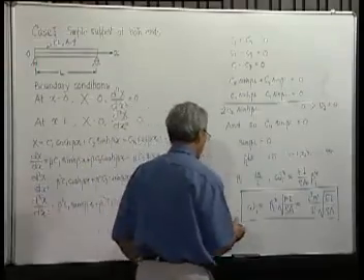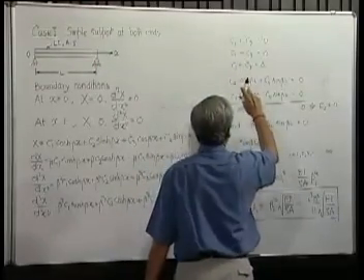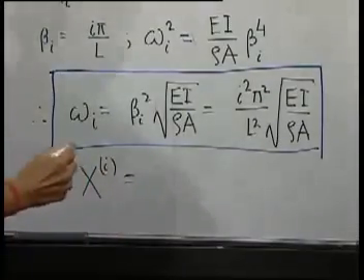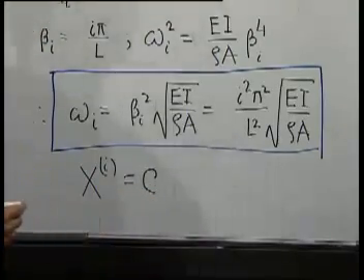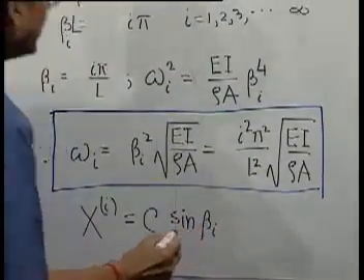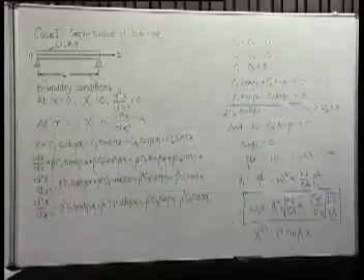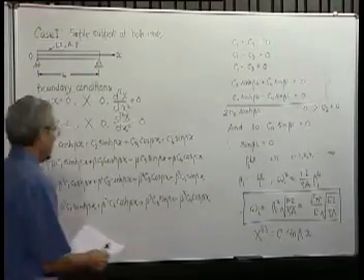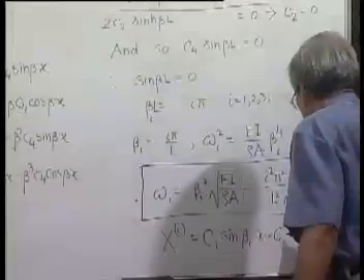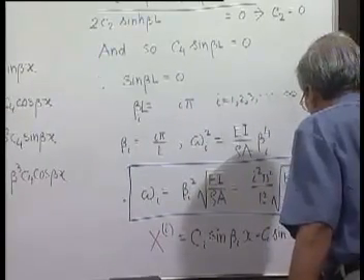And we also can find out here, in this case, since C1 equal to C2 equal to C3 equal to 0, so x in the ith mode is nothing but C4 sin(beta I x), or since beta I equal to this, sin(I pi x by L).